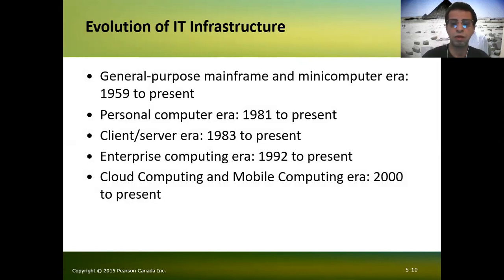Before that, they used to have two slots that you put disks in for the PC to run. Then since 1983, we started establishing the client-server, one stronger PC running all the other PCs' processing.